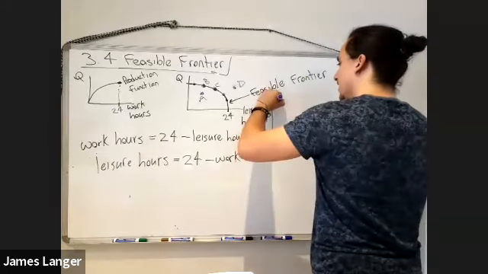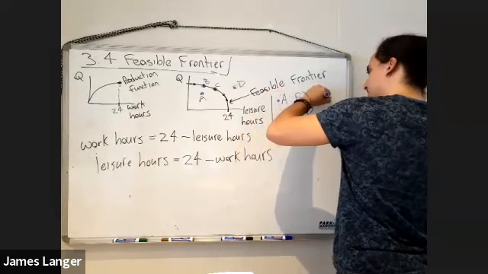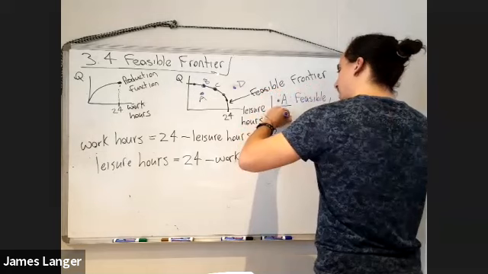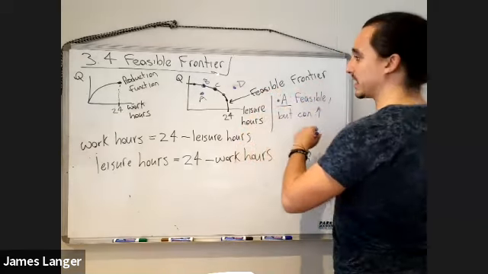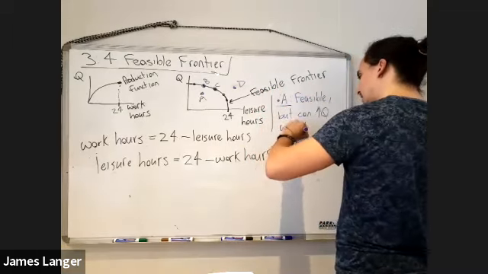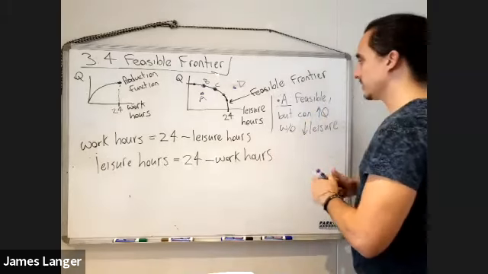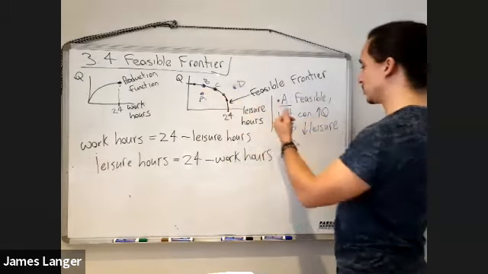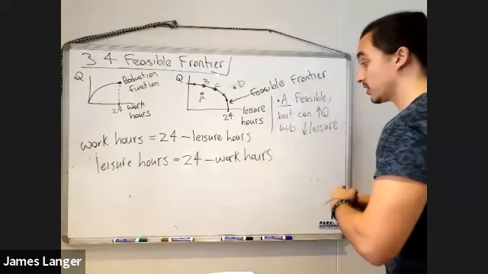So if we're at A, feasible, but can increase Q without any decrease in leisure. So that's A. At A, we're able to have more output and we don't have to decrease any leisure.